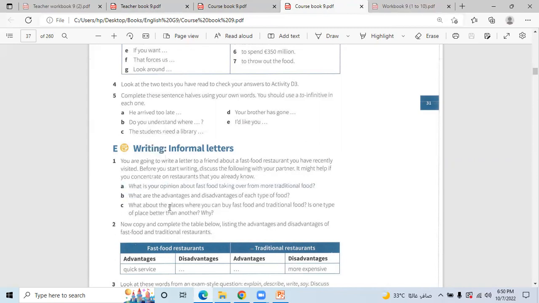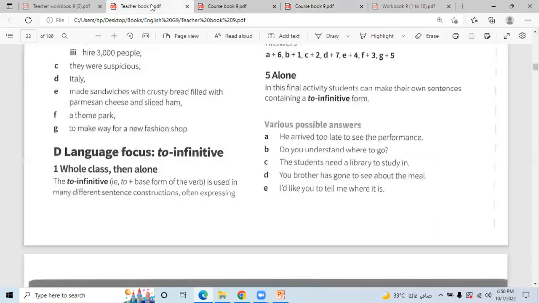A is, what is your opinion about fast food taking over from more traditional food? B, what are the advantages and disadvantages of each type of food? And C is, what about the places where you can buy fast food and traditional food? Is one type of place better than another? If yes, then why? All right.